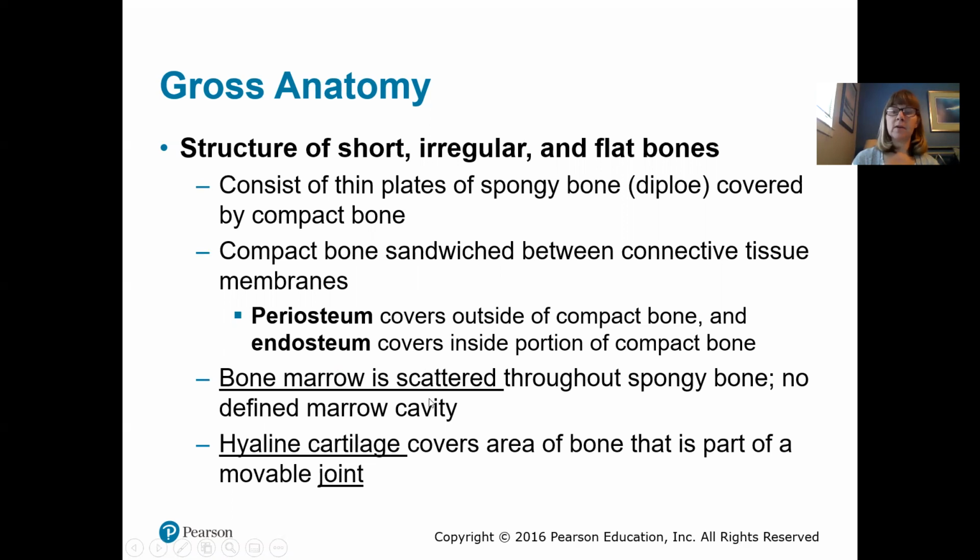And then bone marrow is scattered through the spongy bone, okay? And then hyaline cartilage, remember, is your most abundant cartilage throughout the body, right? That's the one in most of your joints. That's covering that movable joint area, okay? So when you're looking at your small bones or anywhere else, that's going to be covering that outer joint area.